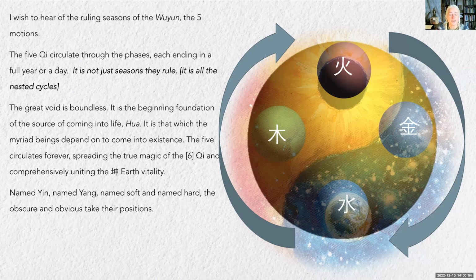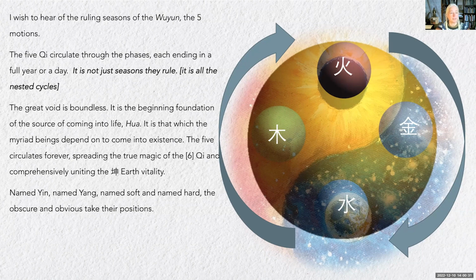And he says it's not just the seasons they rule. I put in brackets, it's all of these nested cycles, whether it's the cycle of the seasons, the cycle of day and night, the cycle of the pulse rising and falling, that they all correspond to the same rules. The great void is boundless.